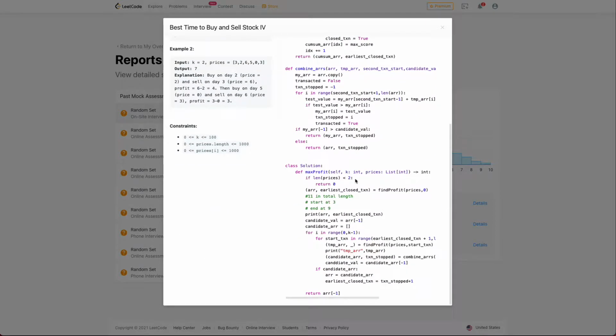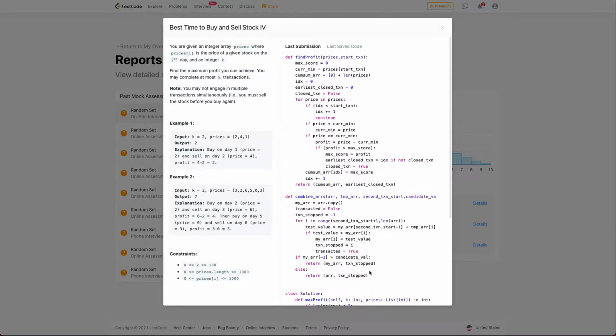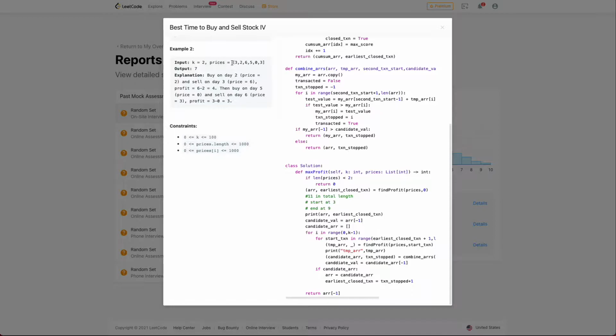Now, what I tried to do was something somewhat complicated. I tried to basically have two loops. The outer loop is the number of transactions, and the inner loop loops through the price checks. My thinking was per transaction, I'm going to come up with the best possible prices for the entire array, like if I were to only do one transaction, and then try to update that.